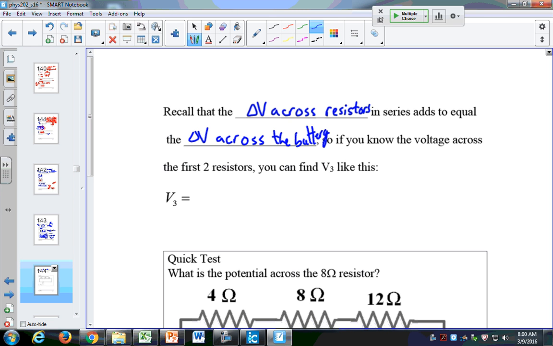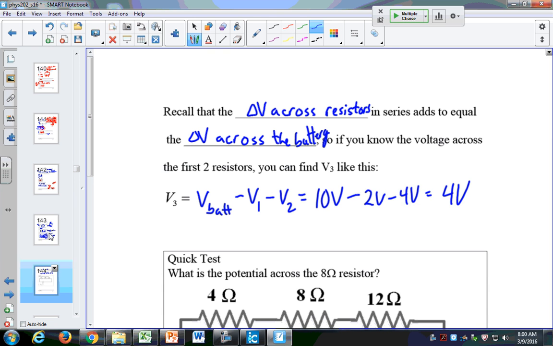So if you know the voltage across the first two resistors, then you can find V3 by subtracting V1 and V2 from the voltage across the battery. So I'd say 10 volts minus 2 volts minus 4 volts, and that's 10 minus 6, or 4 volts, and that would give me V3.